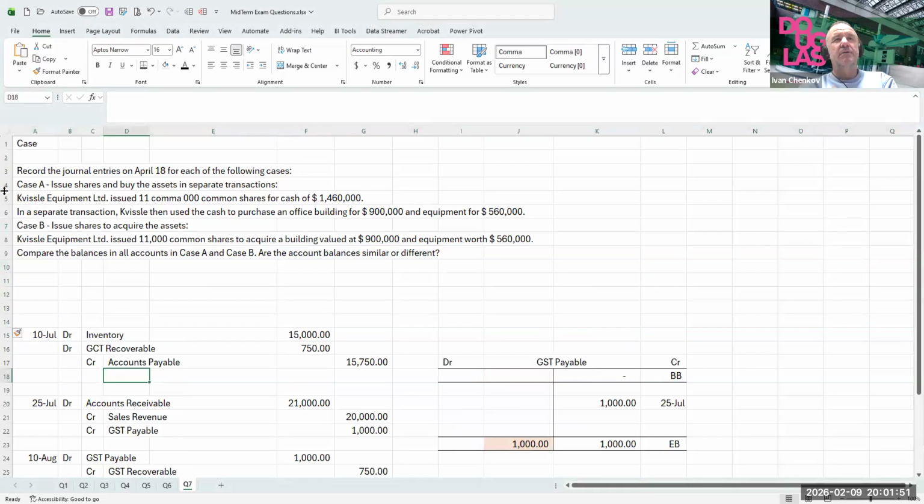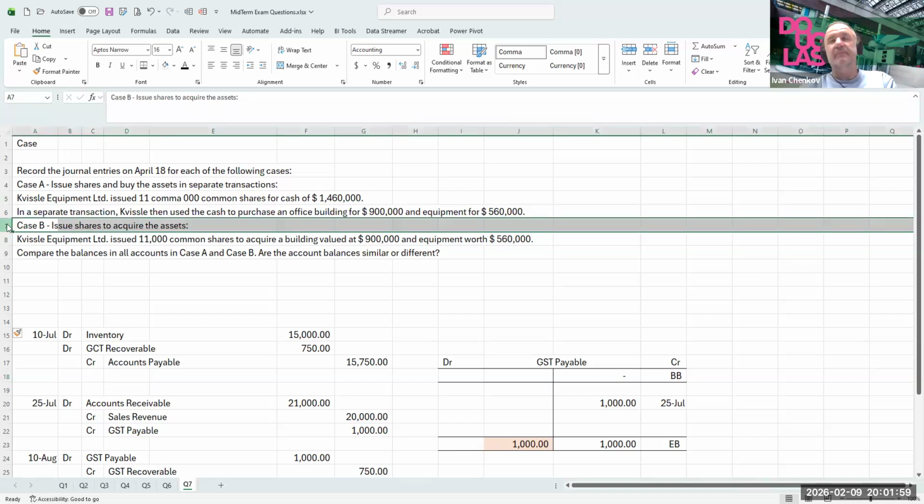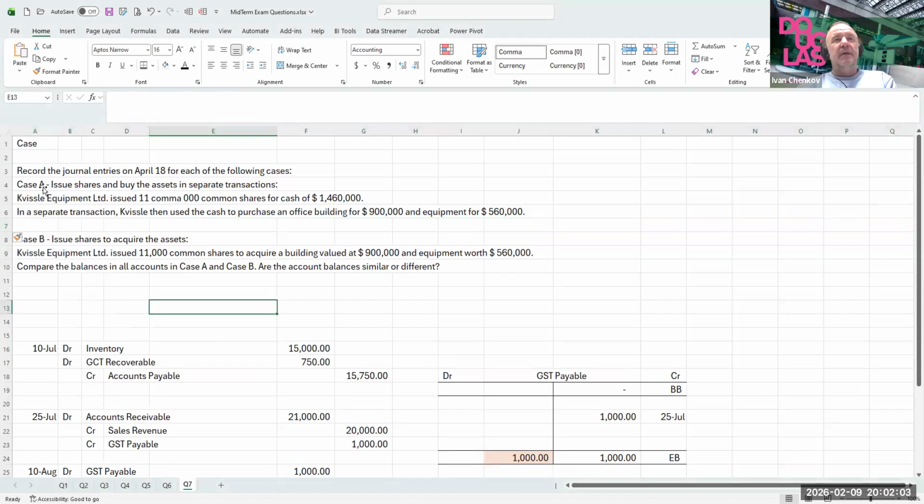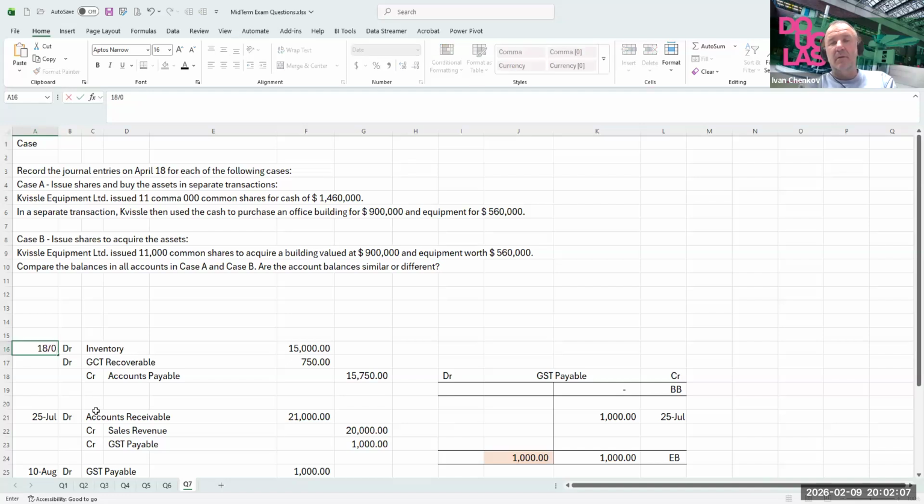Record the journal entry on April 18 for each of the following cases. We have case A and case B. Let's go with case A. Issue shares and buy the asset in separate transactions.